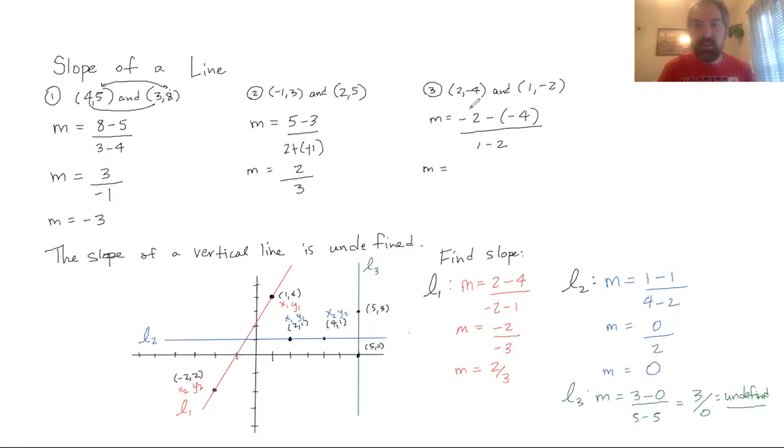All right, here we have -2 minus a -4. Minus a negative, we can change that to plus. So -2 plus 4 is a +2, and 1 minus 2 is a -1, or -2 for the slope.